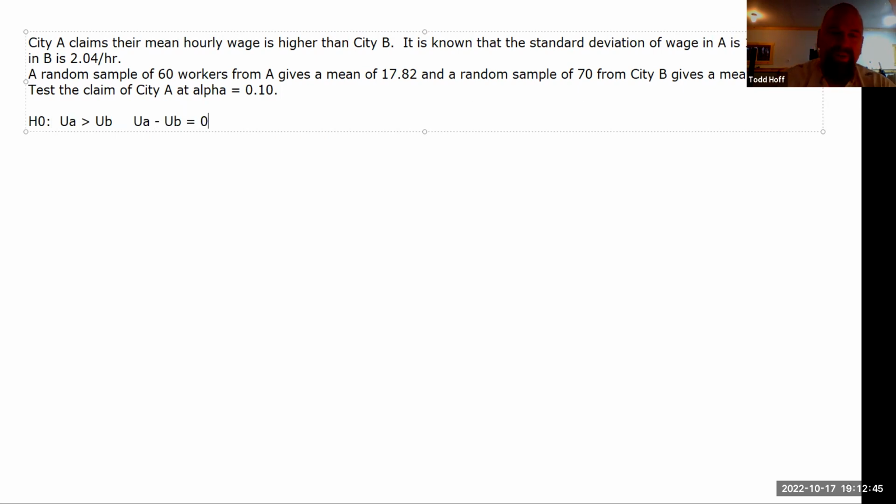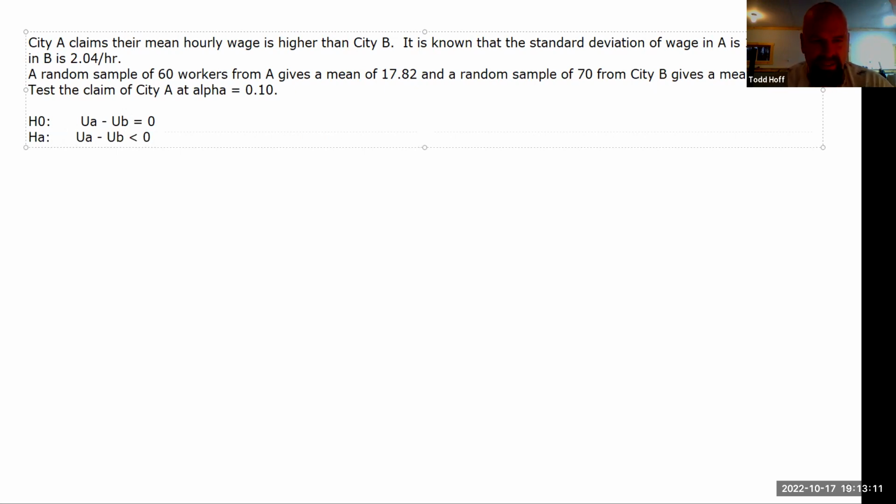Technically we mean greater than or equal to 0, but this strictly equals only works if the difference is 0. So in this case, it would have worked, but we want to be careful how we do that. The alternative hypothesis is then that the mean of A minus the mean of B is less than 0. That's saying A would be less than B.